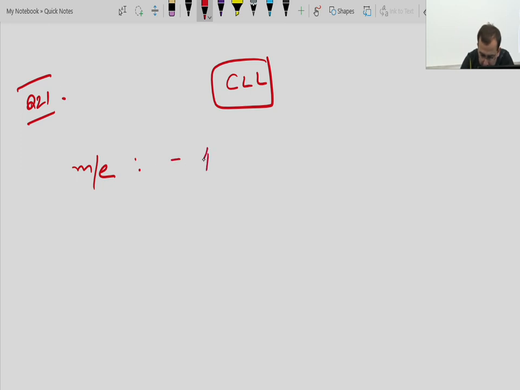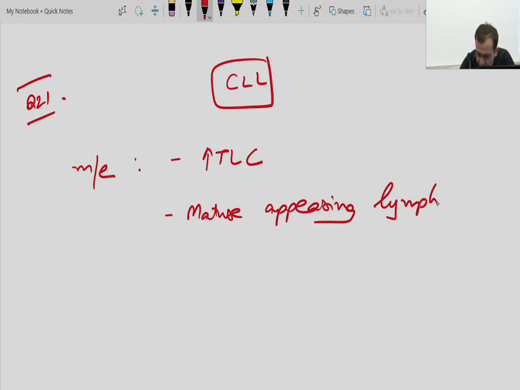Microscopically, CLL shows a high TLC. TLC is elevated with presence of mature appearing lymphocytes. If they are mature appearing, they are similar in size as compared to an RBC.